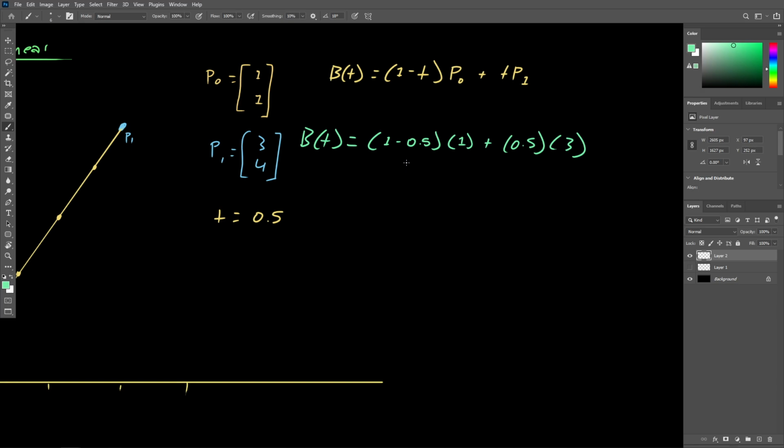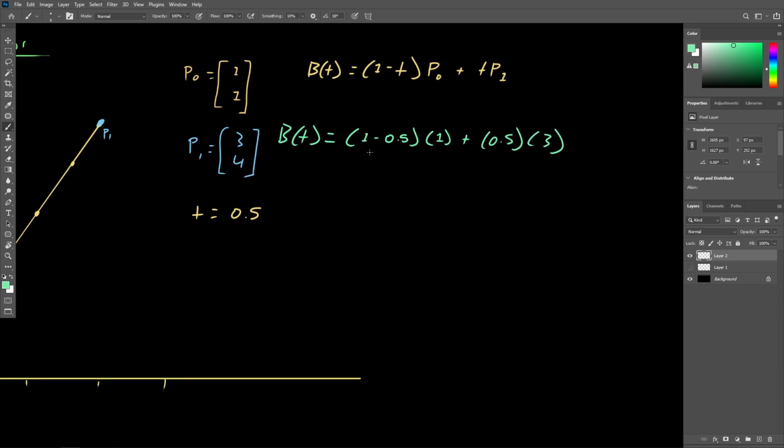Quickly solving this, 1 minus 0.5 is 0.5 times 1 is 0.5, plus 0.5 times 3 gives us 1.5, and adding these two together gives us a value of 2.